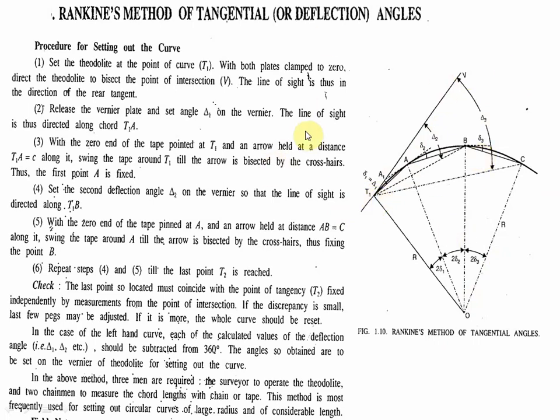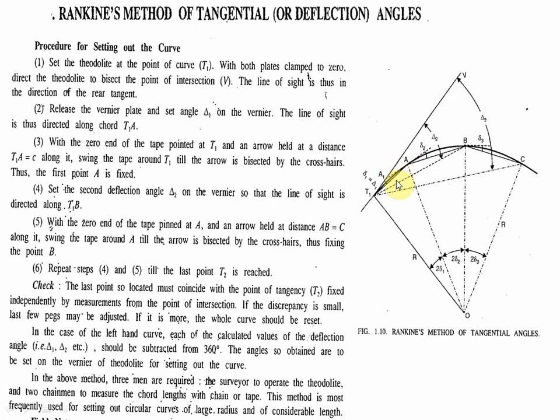Second procedure: release the vernier plate and set the angle delta 1 on the vernier. The line of sight is thus directed along T1A, the first delta angle.